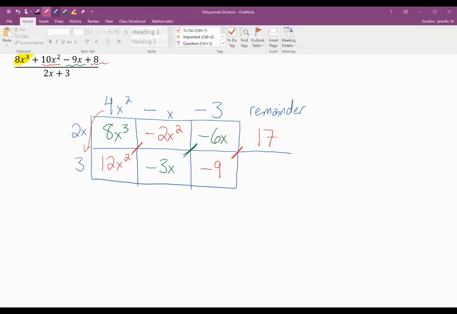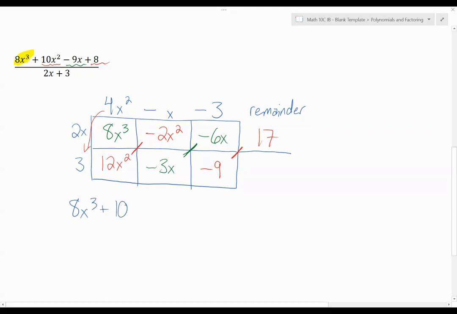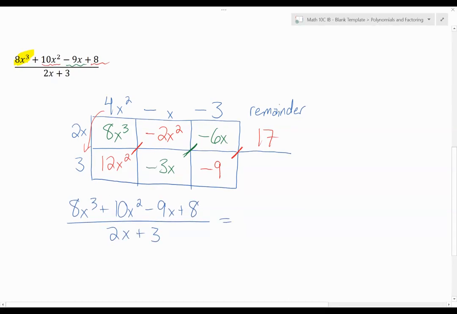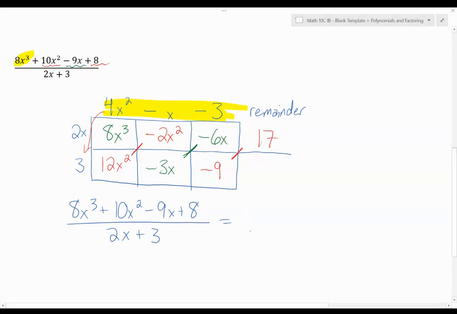So what this means is that 8x cubed plus 10x squared minus 9x plus 8 divided by 2x plus 3 would equal, this is the quotient, 4x squared minus x minus 3 plus the remainder over the divisor.